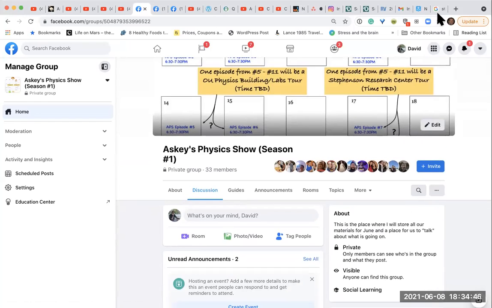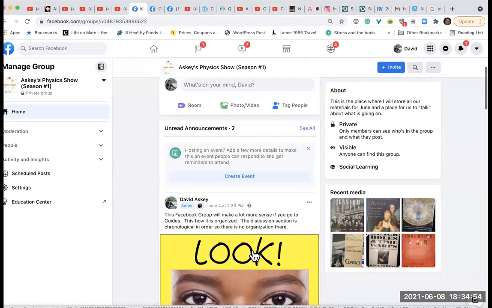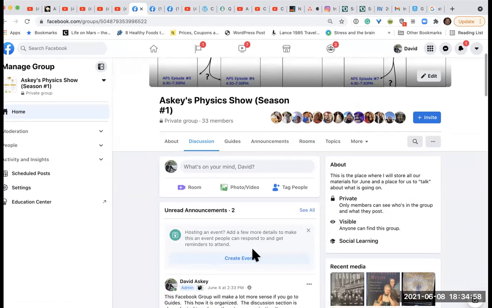Move this out of the way. But I added a few wrinkles today. Of course, the best way to look at this, you all probably know this, but if somebody's watching the recording, if you're looking at it through discussion, it's going to be a mess, because that's just like new in Reddit. I mean, it's whatever comes up chronologically.